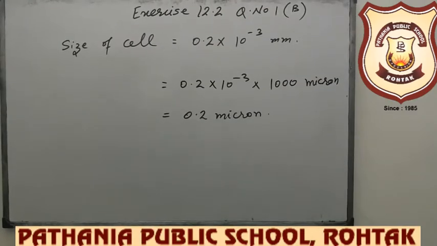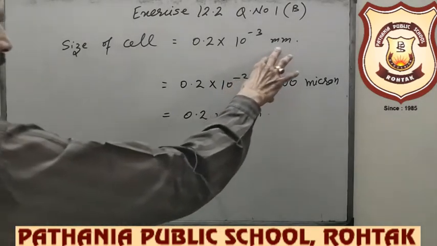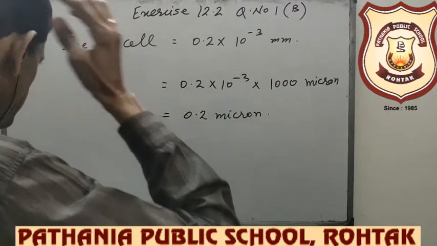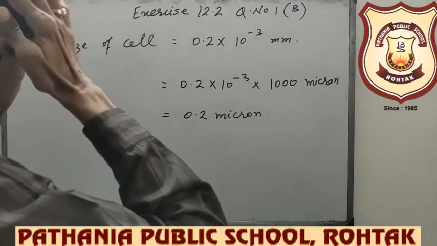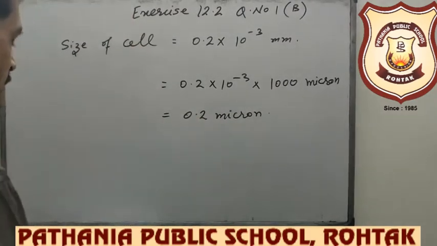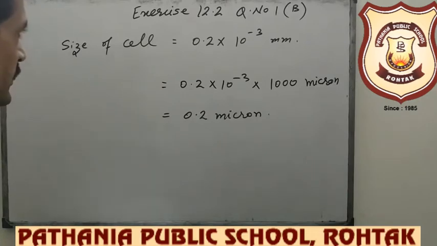Next question, beta, applying thoughts, B part. First question is this, that the size of a cell is 0.2 into 10 raised to the power minus 3 millimeter, this one. And the size of eukaryotic cell is 10 micron. So find the ratio of both.